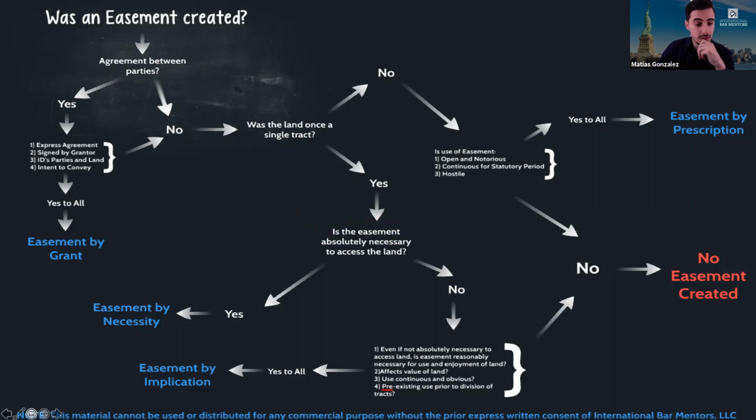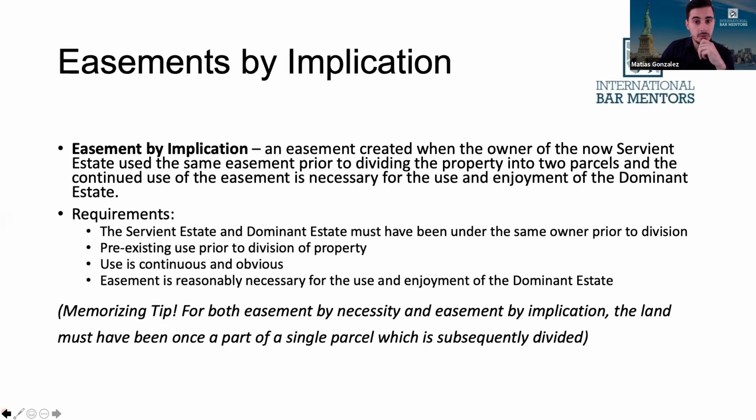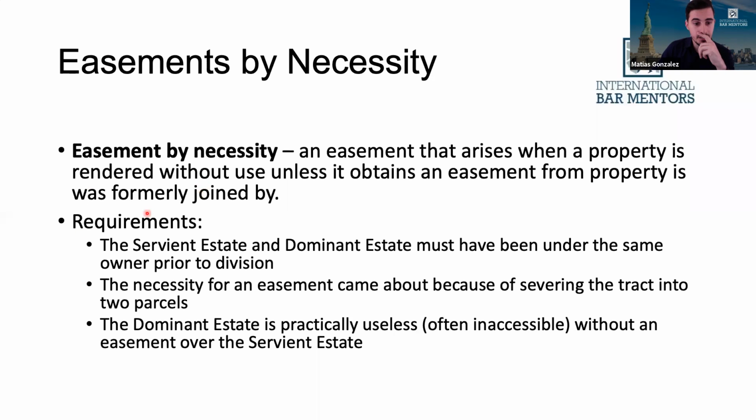So notice how we took the rule here for easement by necessity, right? Which is they have to have been under common ownership, right, prior to division. And it came about because of a severing of the 2 parcels, right? And it's practically useless. So now look, that's the whole rule there, right? The rule that you have to memorize.